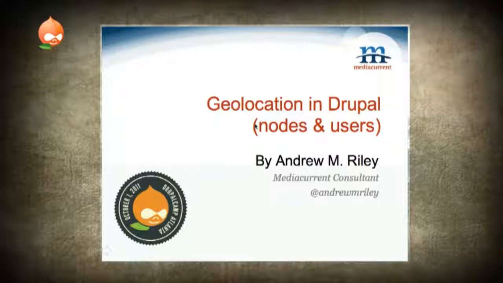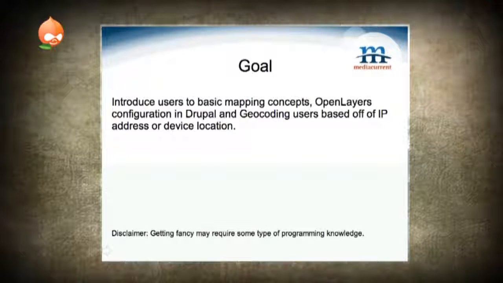Okay, so this talk is going to be on geolocation in Drupal. Just a few things about it real quick, just to make sure we're in the right spot. This talk is going to be an introduction to mapping in Drupal. It's not going to be a really deep dive.